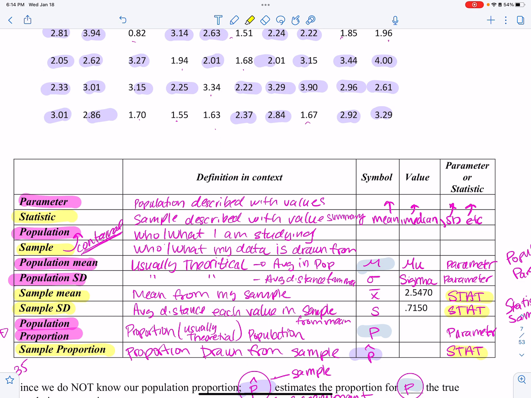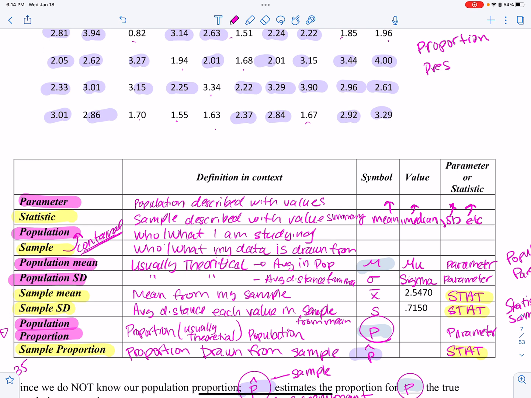Population proportion, use P for the symbol for population proportion, right here. And you use P hat for a sample proportion. So let me just explain sample mean, sample proportion, simple like this. Someone's running for president, okay? And they say, I don't know how much voter support I have.